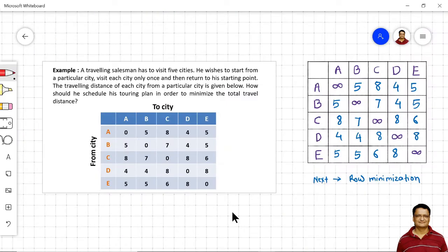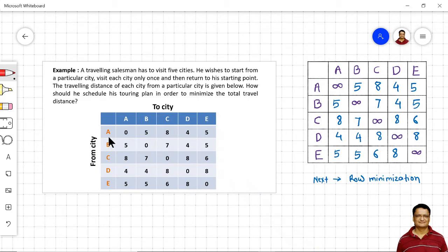To solve this TSP, that is the traveling salesman problem, with the Hungarian method, we will create this matrix. Now these A, B, C, D, E are the supply and these A, B, C, D, E cities are the destination.